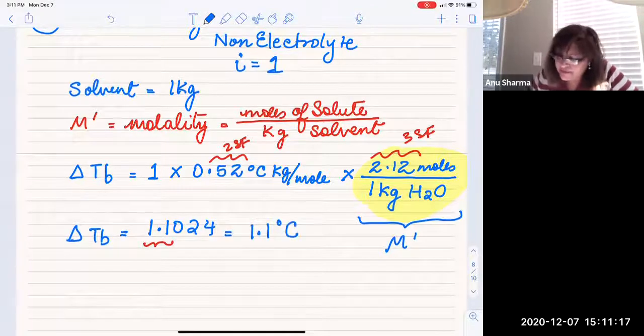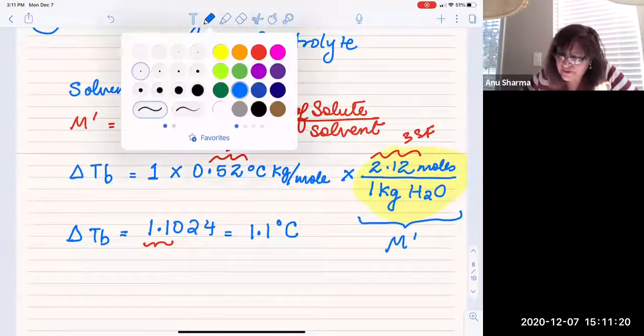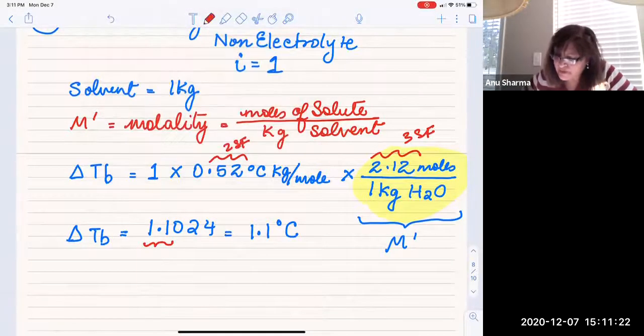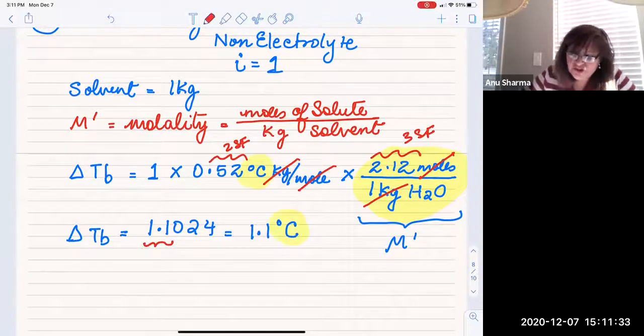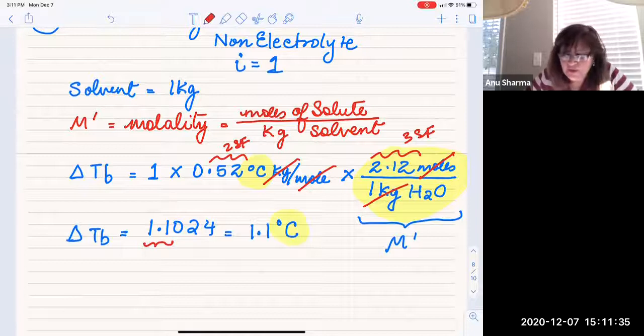How did you get degrees Celsius? Look here: kilograms and kilograms cancel out, moles and moles cancel out, and all you're left with is the unit for the degrees.